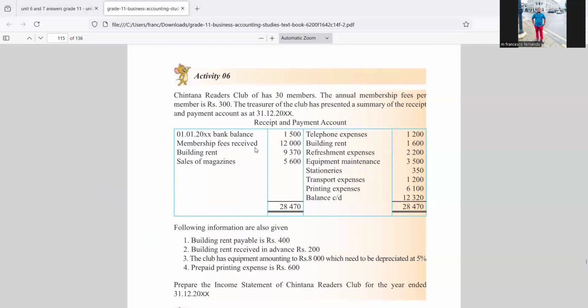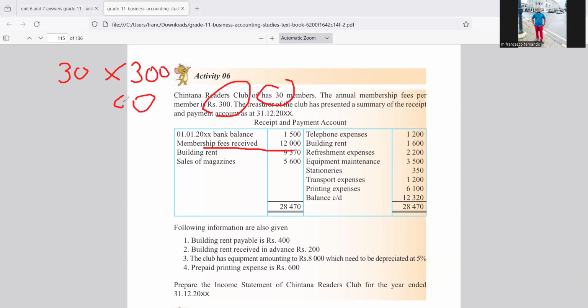Then you have to record the remaining balances. Now here it says membership is received this month. We should check whether this is the amount relevant for the year. Now we have 30 members, 30 into 300. 3 times 3.